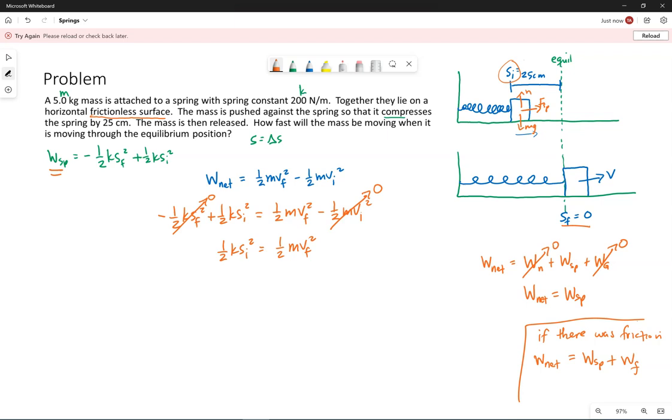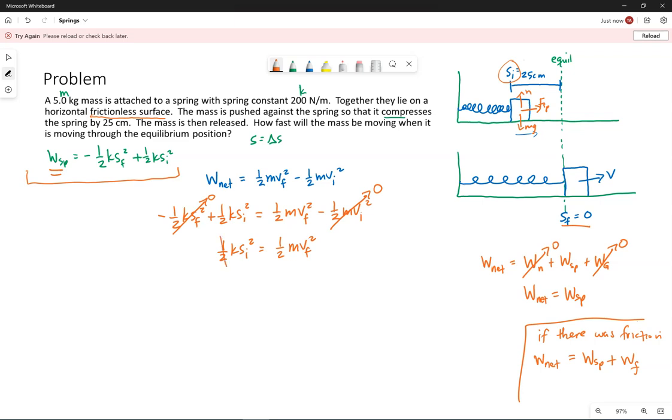But look how nicely this simplifies. That work done by the spring, relating it to kinetic energy. So we're technically relating the force of the spring to speed, but we've already done the integration to calculate the work done by the spring. We don't have to recalculate, reintegrate to find this work done by the spring equation, which is nice.